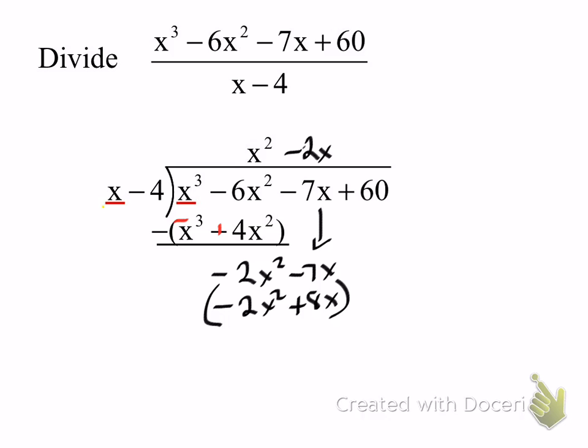Okay, but we have to subtract the whole thing. So that makes a positive, and that's a negative. These two cancel out, and what's left is negative 15x. And I am bringing down now my plus 60. What number am I doing?